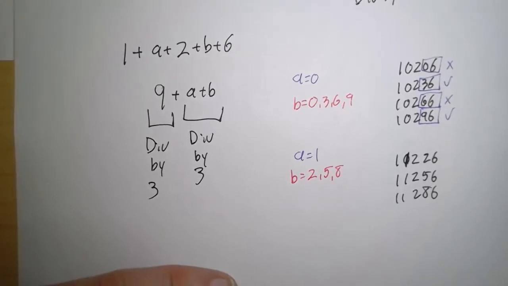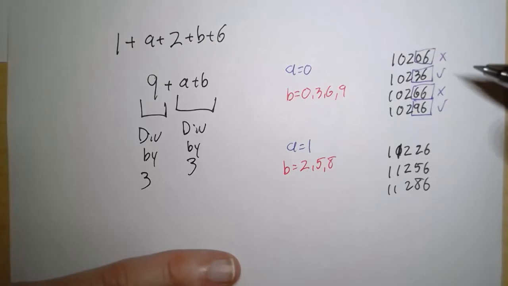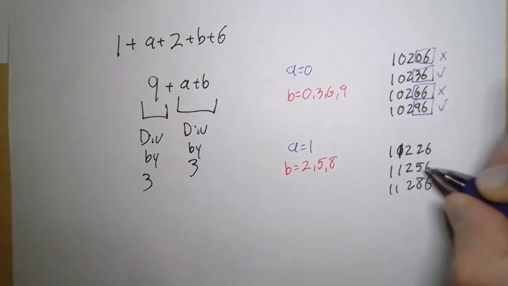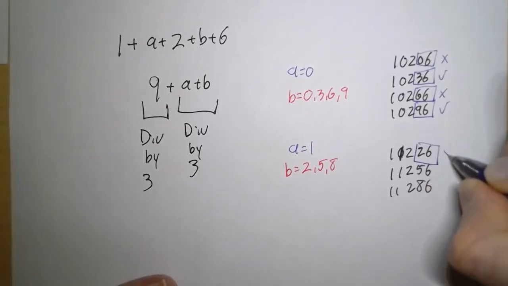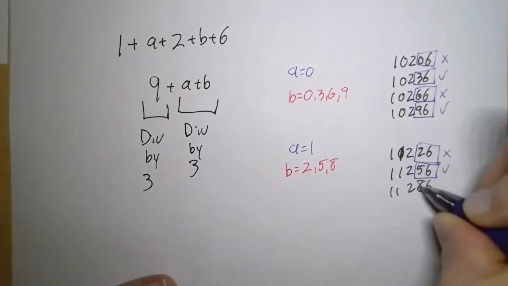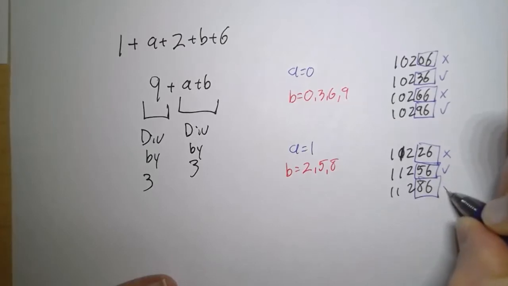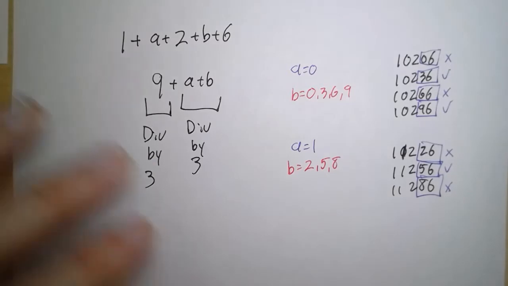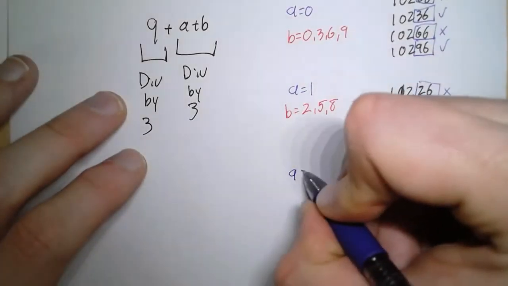So we have these three possibilities. Now, which of these are divisible by 4? 26? No. 56? Yes. 86? No.